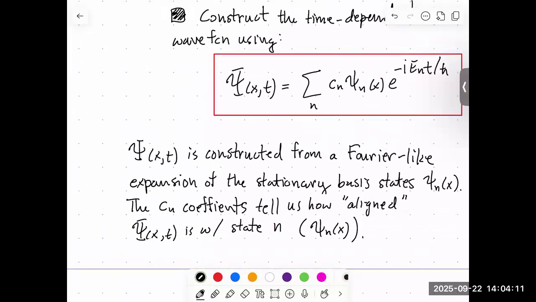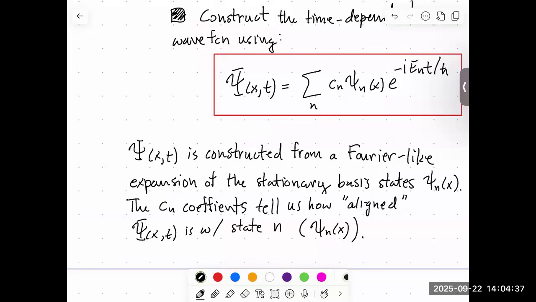This solution is constructed from a Fourier-like expansion of stationary states. It's like when you write a Fourier series, you have something like a1 times sine x plus a2 sine 2x plus a3 sine 3x, and so on.